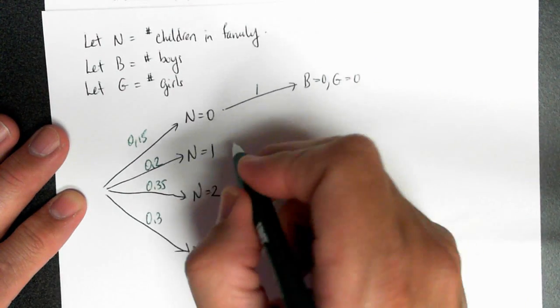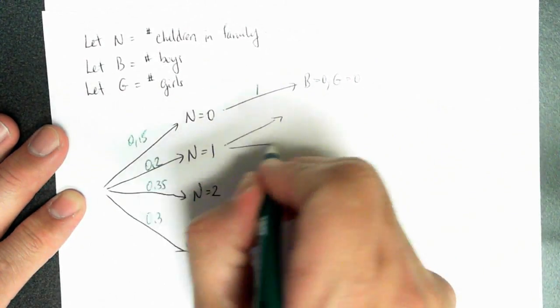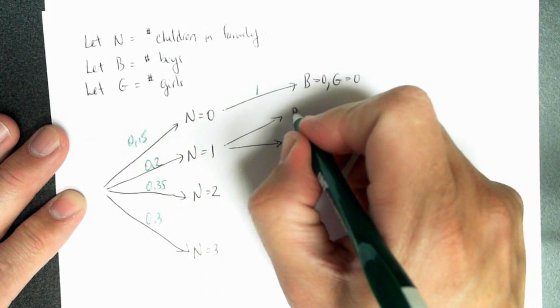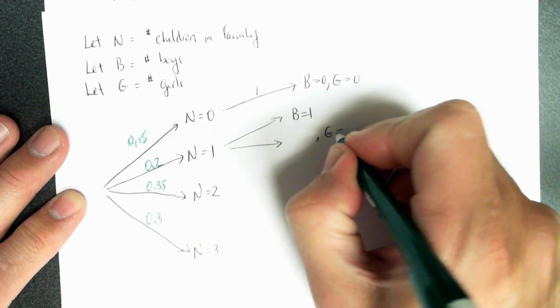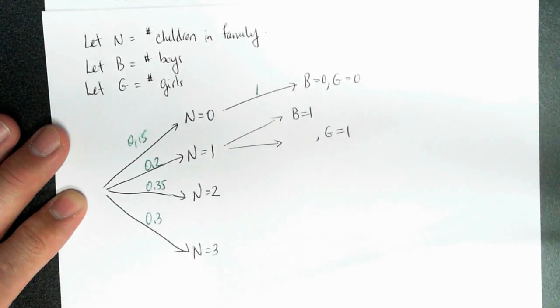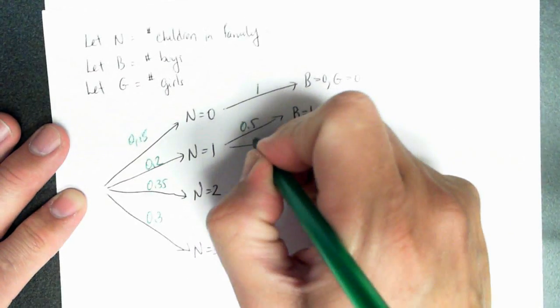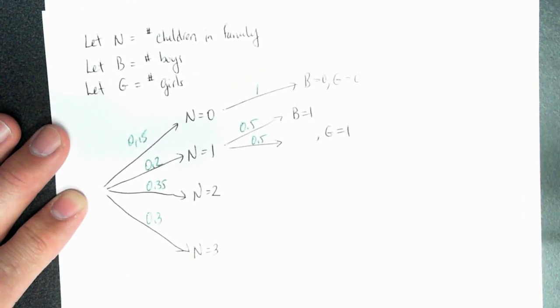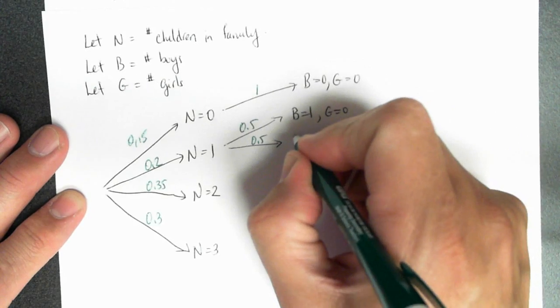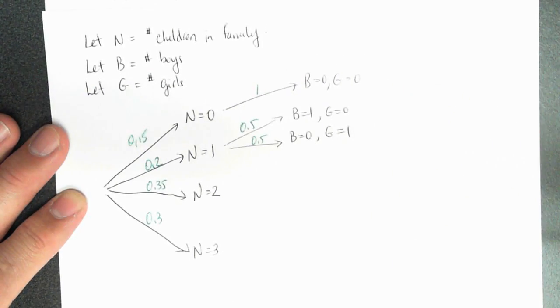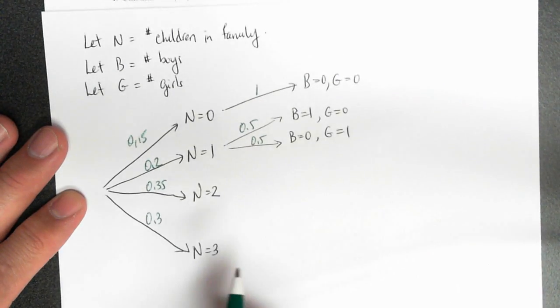If there's one child in the family, then there are two possibilities. The child could be a boy with probability 50%, or a girl with probability 50%. So if there's one boy, then there are 0 girls, and if there is one girl, then there are 0 boys.